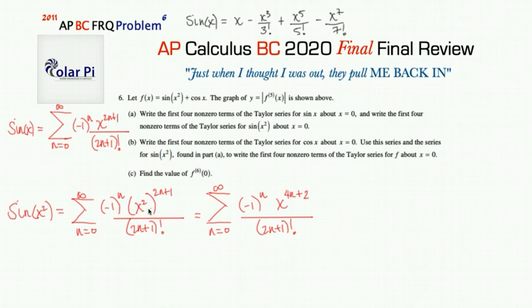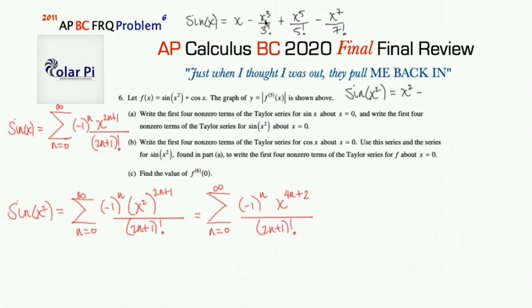And so then, as we said, for sine x squared, you just need to change these x's to x squared. So the easiest way to come up with the first four non-zero terms of sine x squared is to ignore plugging in n equals 0 and so on, and just change these x's into x squared and simplify where appropriate. So that's going to be x squared, no simplifying required there.